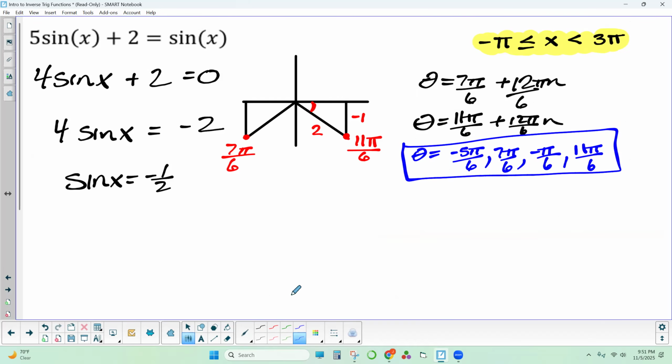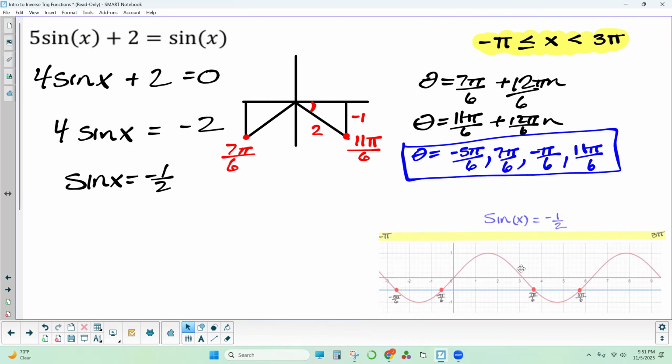Now, what I want to do real quick is show you a graphical representation of what we just did. So here is sine x equals negative 1/2. Again, you see my horizontal line at negative 1/2. And up above in yellow, I have drawn the interval of negative pi to 3 pi. At what angles is sine negative 1/2 between negative pi and 3 pi?